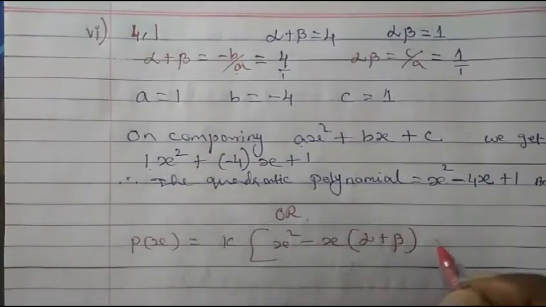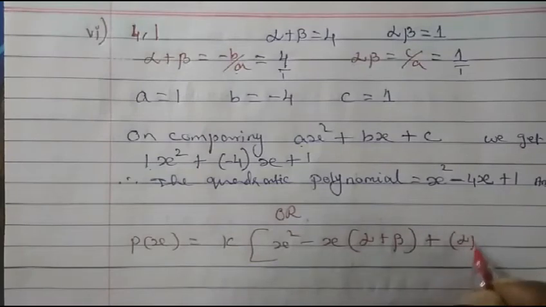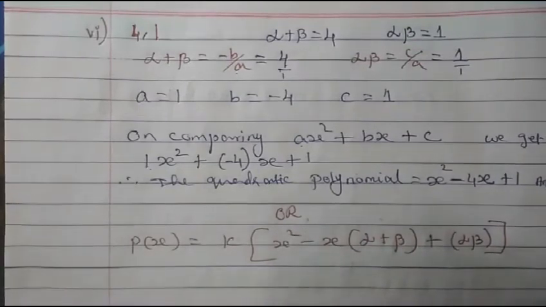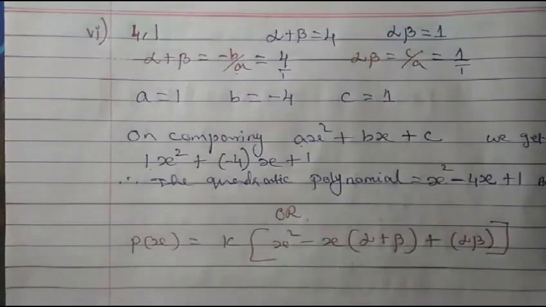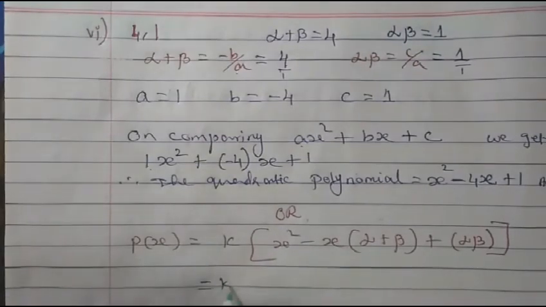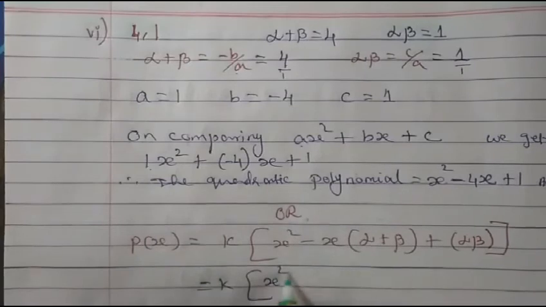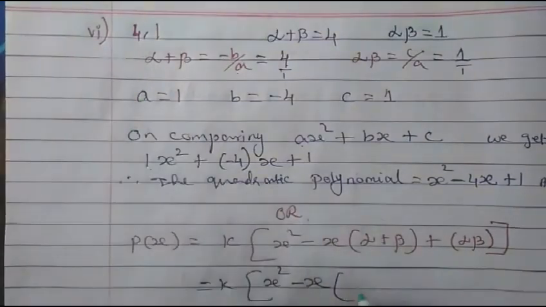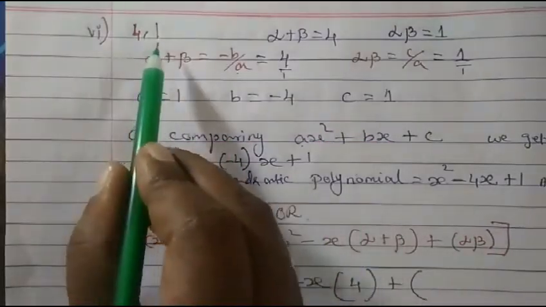Now quickly let's see using the identity method, that is x square minus x times alpha plus beta, plus the product of the zeros. So let's write down x square minus x, the sum of the zeros is given to us as 4, plus the product of the zeros is 1.